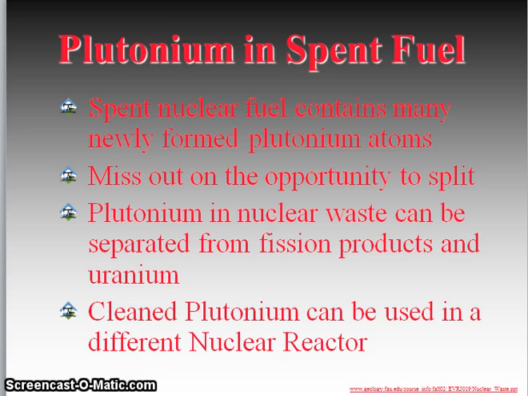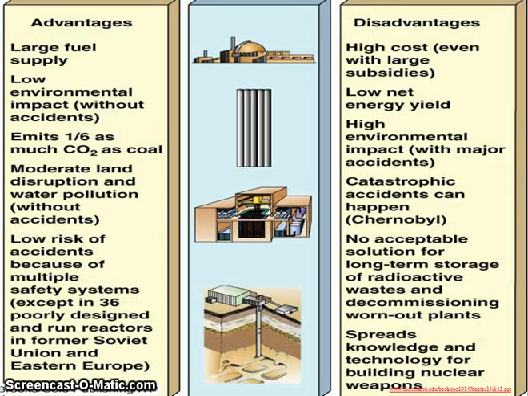We miss out on the opportunity to split that plutonium to make the operation more efficient. Plutonium and nuclear waste can be separated from those waste products, and clean plutonium can be used in a different type of nuclear reactor.